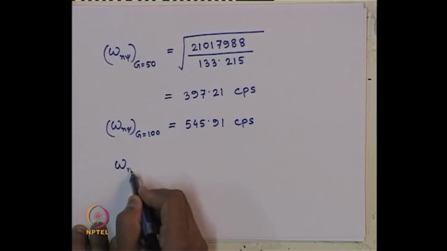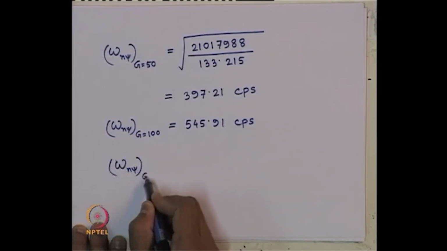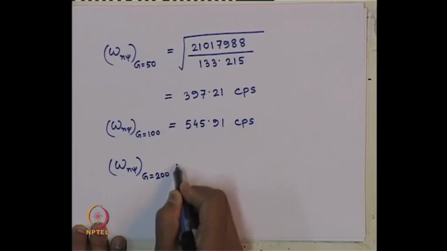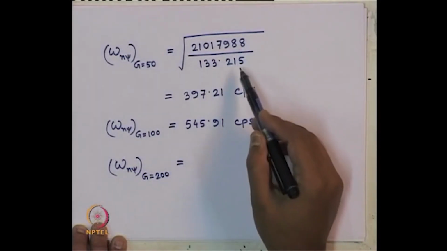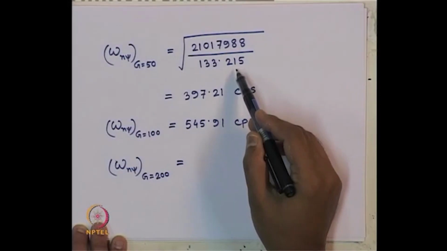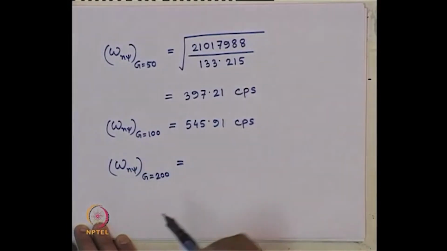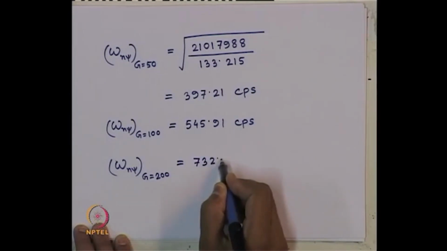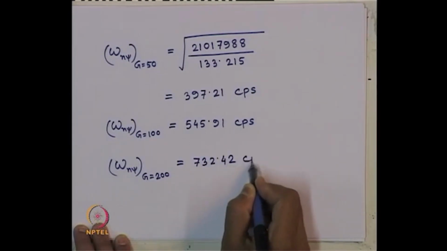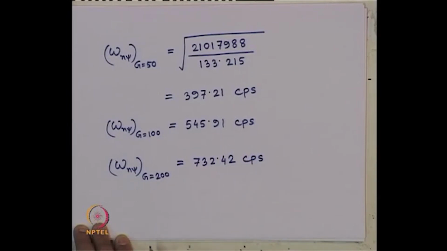And omega n psi for third type of soil G equals 200, this will become 4 times and this value will now be 156.724 as we have calculated. So, how much it is coming? 732.42 CPS. So, these are the natural frequencies of the system.